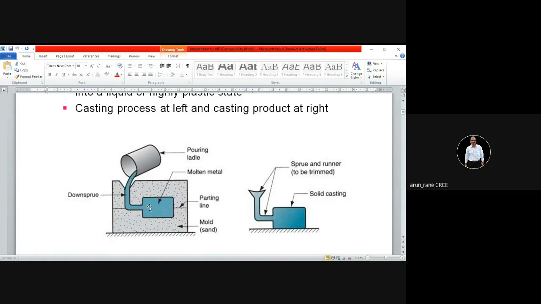Once the molten material gets solidified, you have to lift this. The top portion is called the cope, and the bottom portion is called the drag. Once this is lifted, you can get this component. This is your solid casting, which you want. This is scrap, sprue and runner. This has to be cut from here, and it can be sent for remelting.